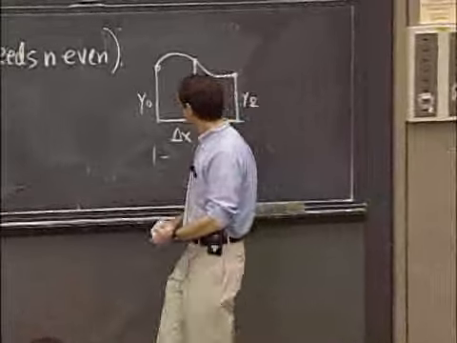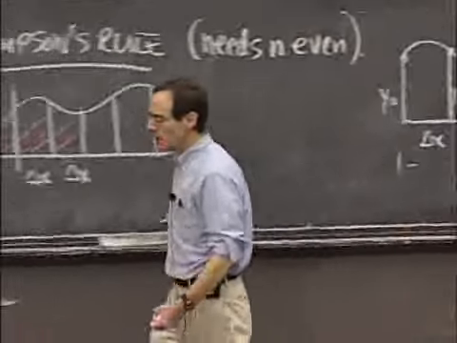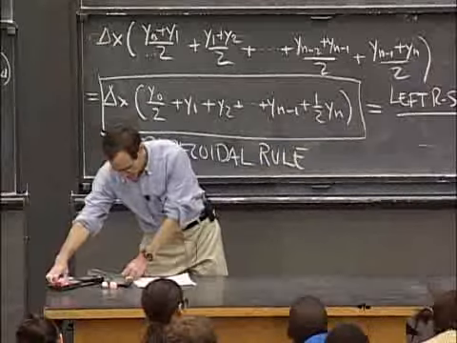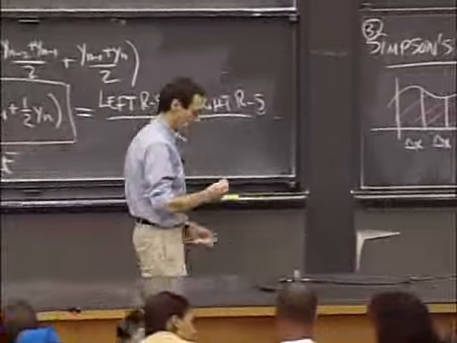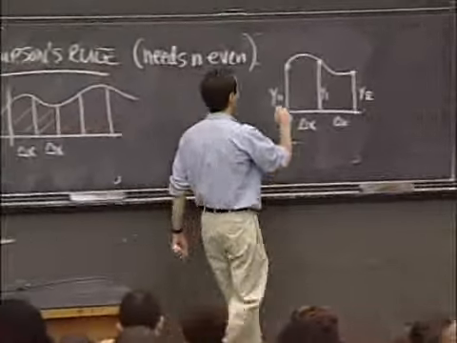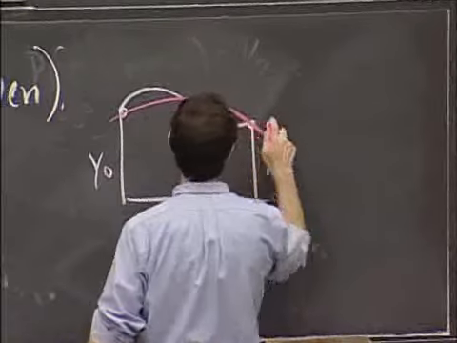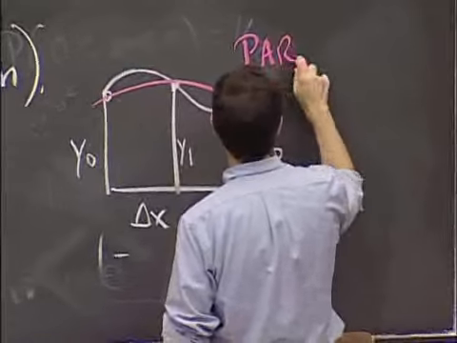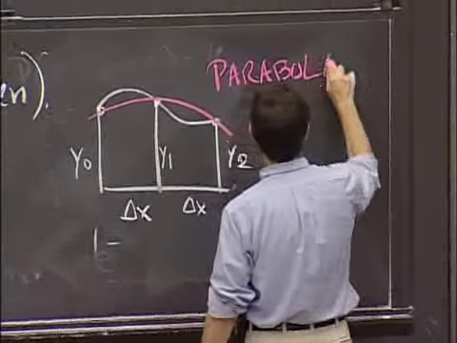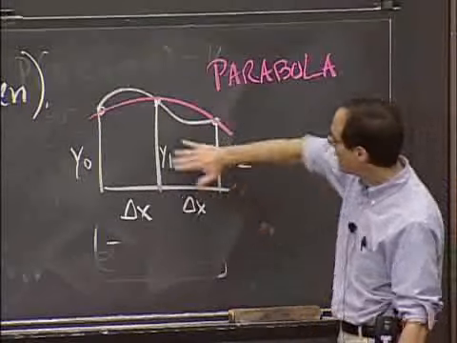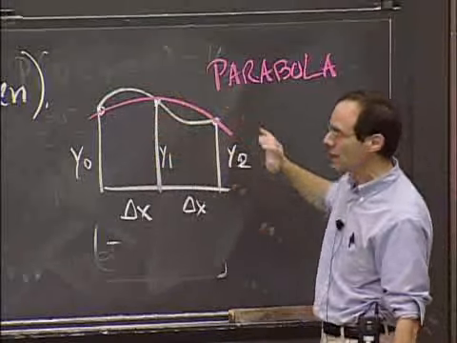All right. Now, the approximating curve that we're going to use is a parabola. That is, we're going to fit a parabola through these 3 points. And then we're going to use that as the approximating area.